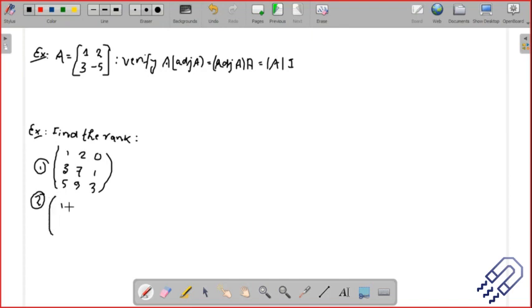Then 2, 2, 5, 2, 4, 3, 2, and 3, 3 or 5. Number 4.